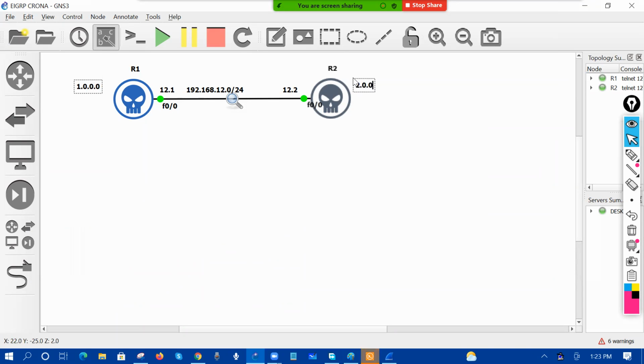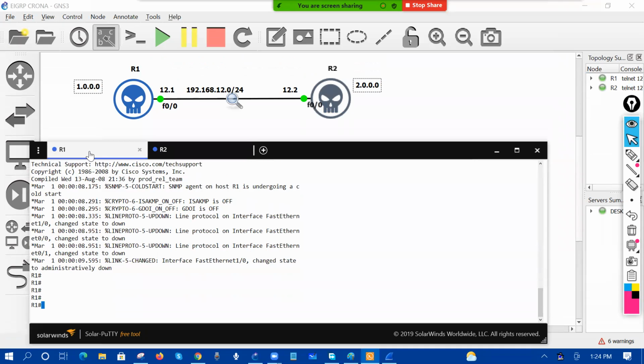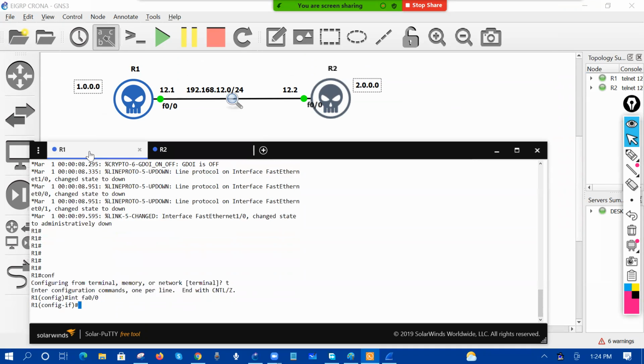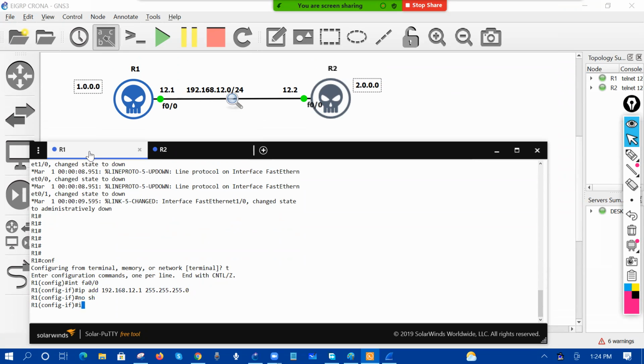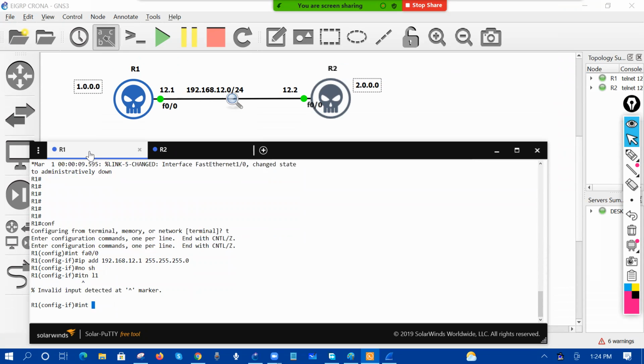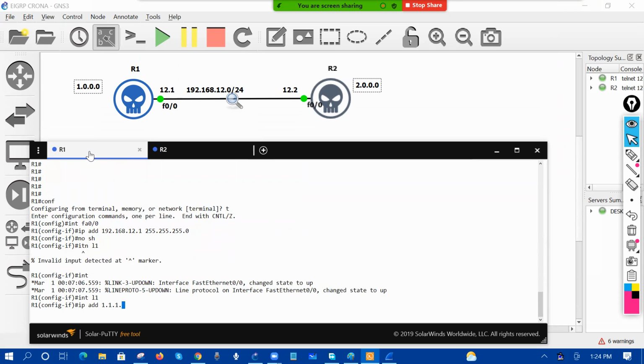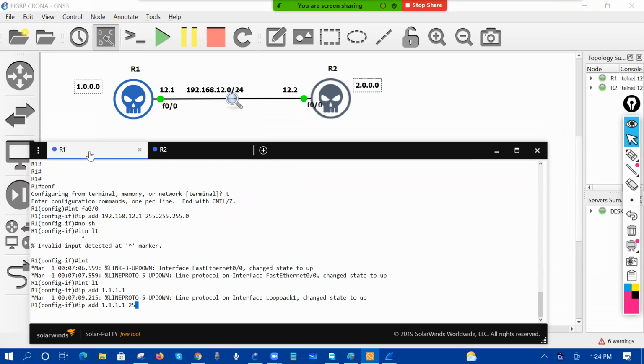EIGRP is a classless routing protocol, guys. They do have subnet mask information in the update packet. Interface 0/0 12.1. IGRP was replaced with EIGRP in 1993, because in 1993 they introduced the concept of classless.